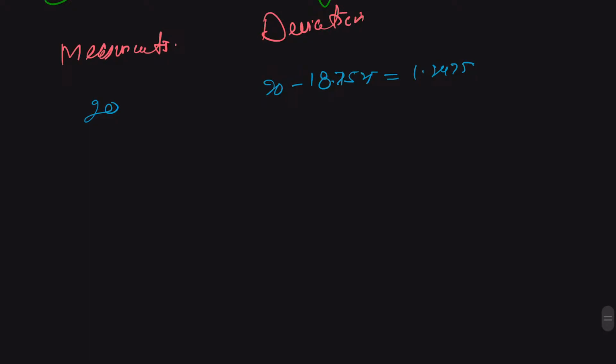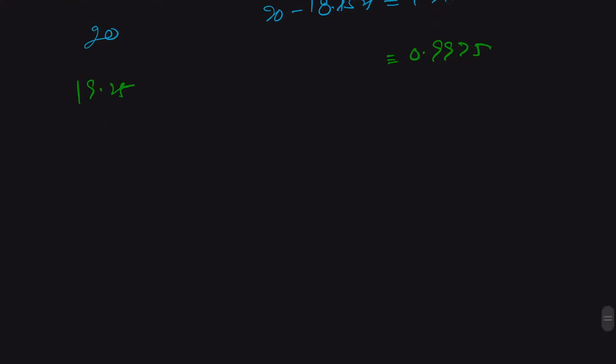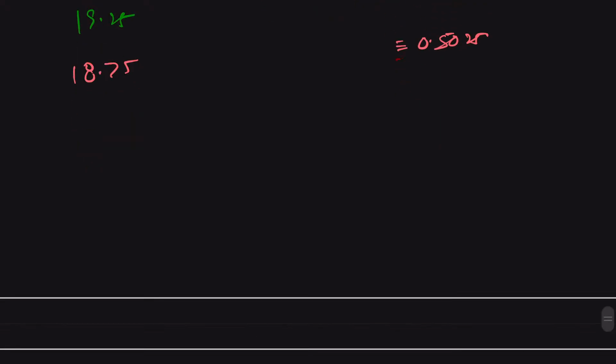Second is 19.75, which gives 0.9975. Next is 18.25, which gives 0.5025. And finally we have 17.01, which gives us 1.7425.